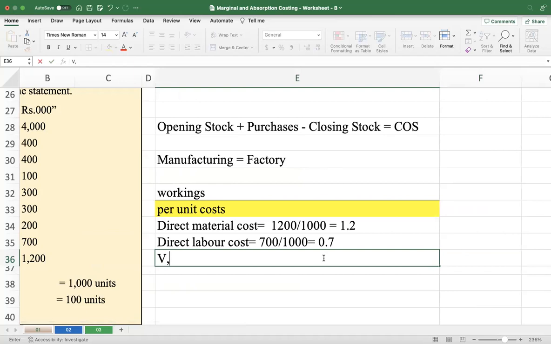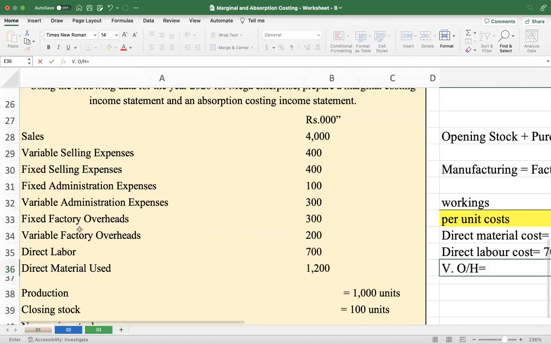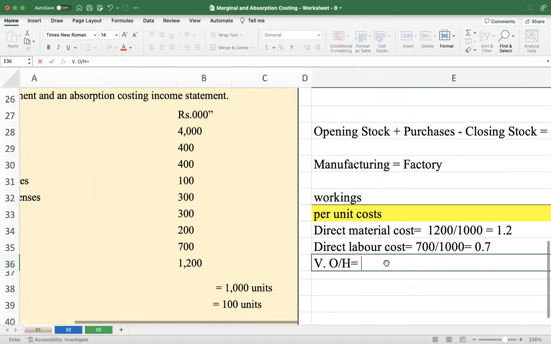So variable overheads, that is 200. We have to divide it by the number of units that the Mega company enterprise produces. So 200 divided by 1,000 will give you 0.2 per unit.